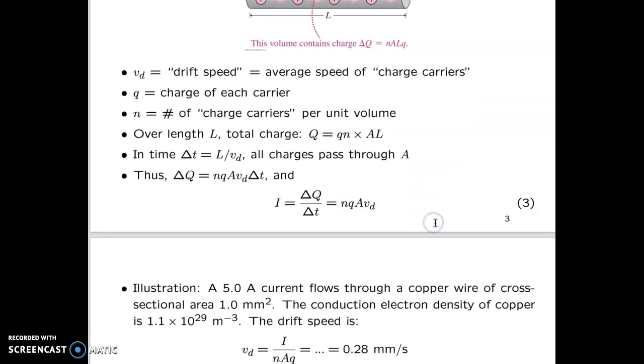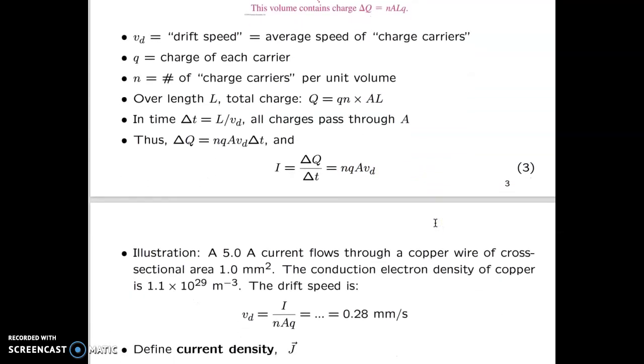So what does all this mean? A simple illustration. Let's consider, in this problem here, a 5 ampere current flowing through a copper wire of cross-sectional area 1 square millimeter. If it's copper, you can look this up in a table somewhere. You'll find that the conduction electron density of copper is this value.